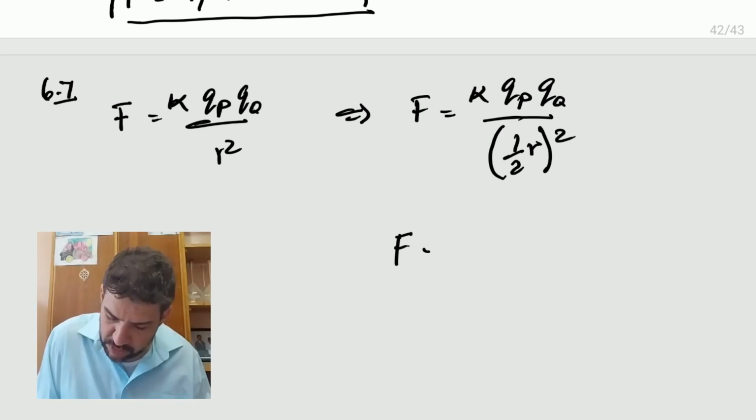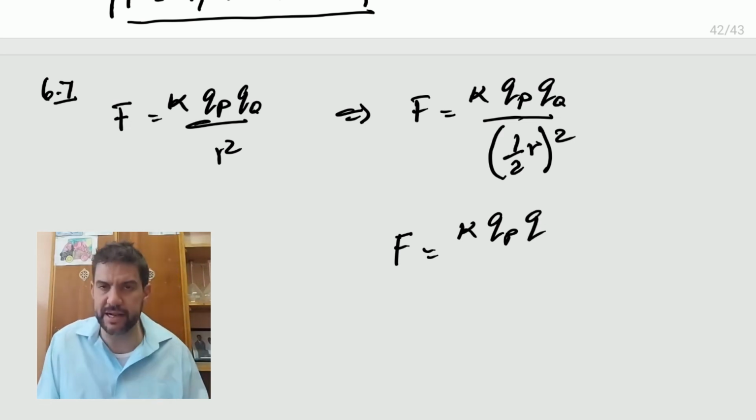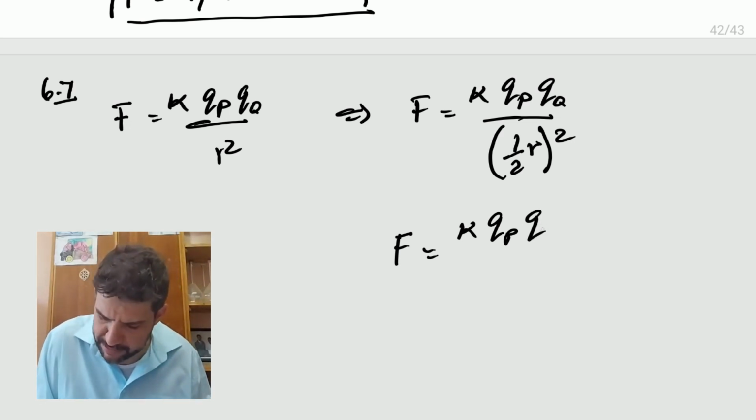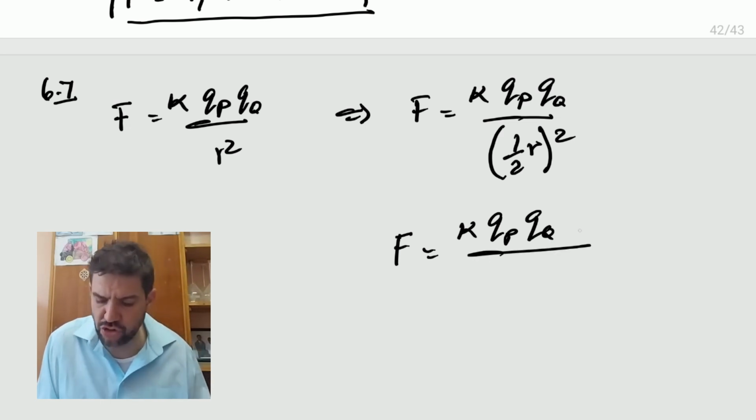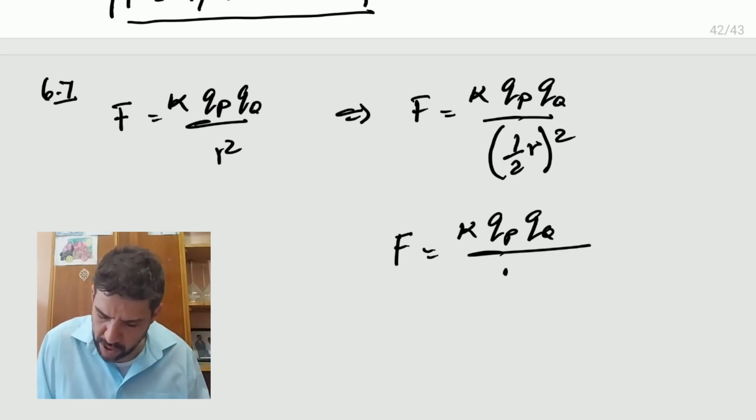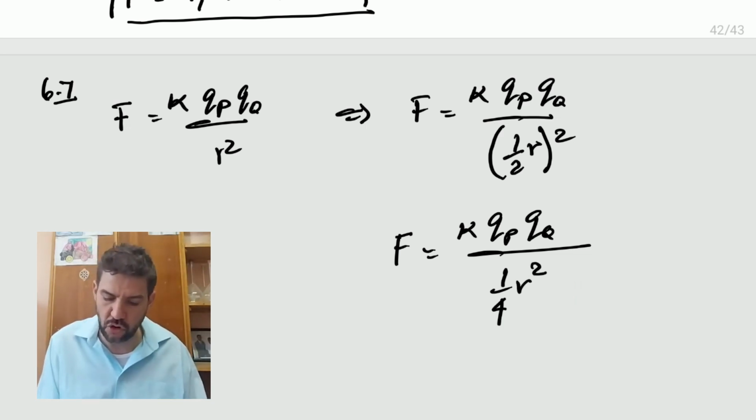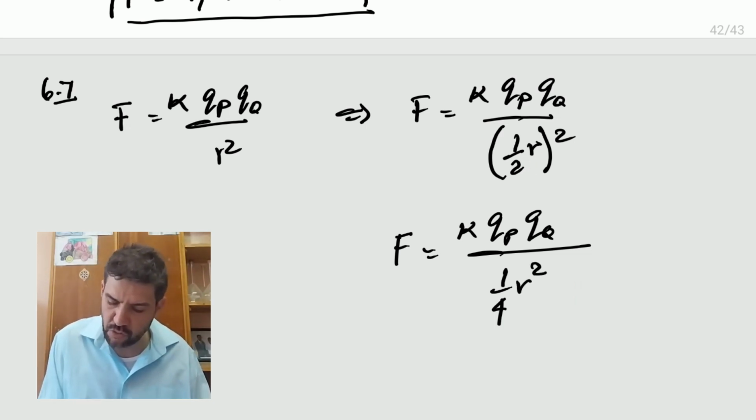F is equal to K QP. I keep writing a capital. You can write either capital letter or small letter. It doesn't really matter. Q divided by, when you solve this one, this is 1/4 of R squared. That is when you solve that specific square part there.